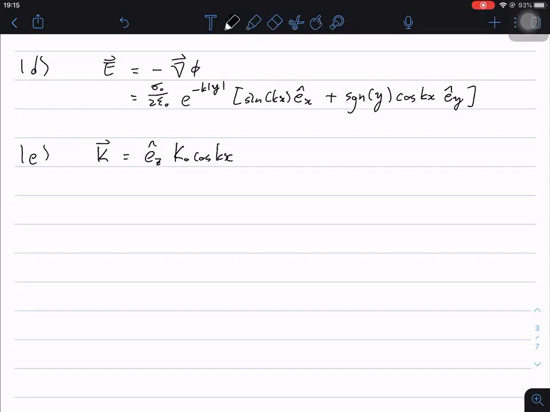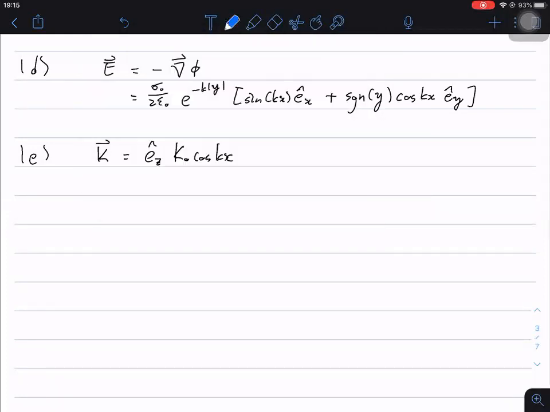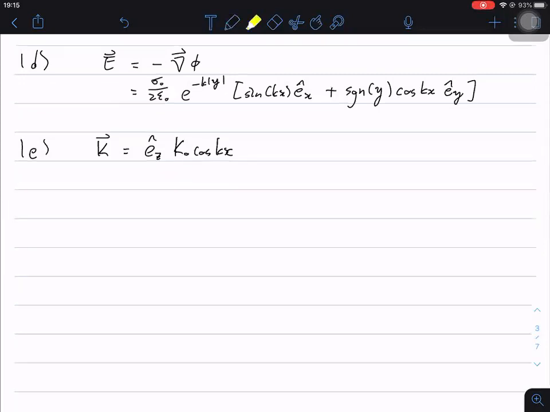If you look at the form of the surface current density, it is actually very similar to question 1C, because the form is basically a constant multiplied by cosine kx. So supposedly you can just directly use the solution of 1C.